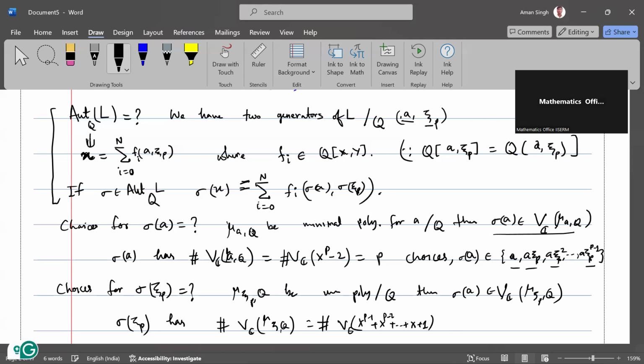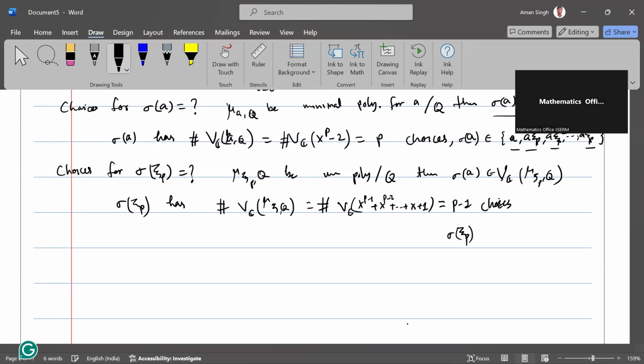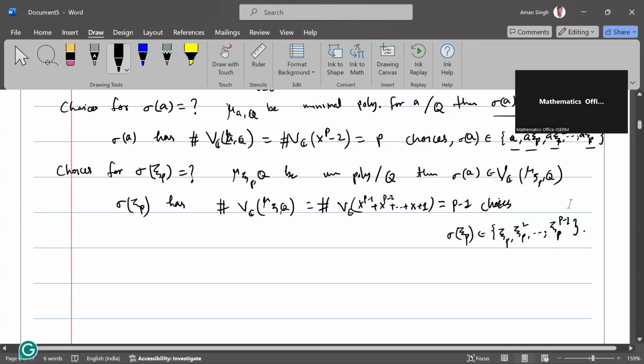This has exactly p minus 1 roots, so p minus 1 choices. What are these choices? Sigma of zeta_p should belong to zeta_p, zeta_p squared, and so on, up to zeta_p^(p-1). These are exactly the choices where zeta_p can go through an automorphism of L.